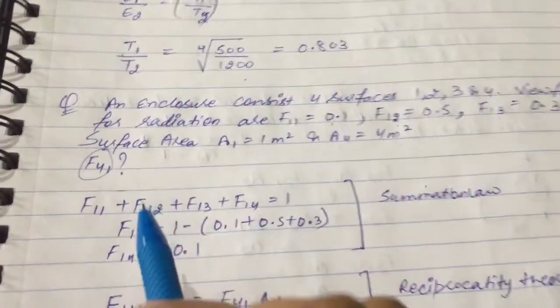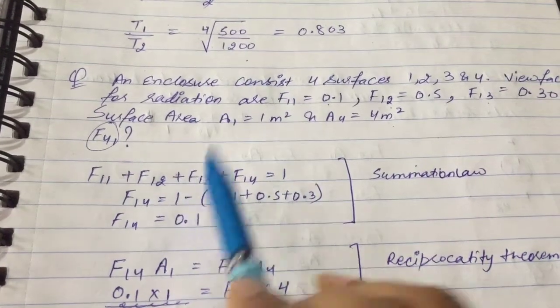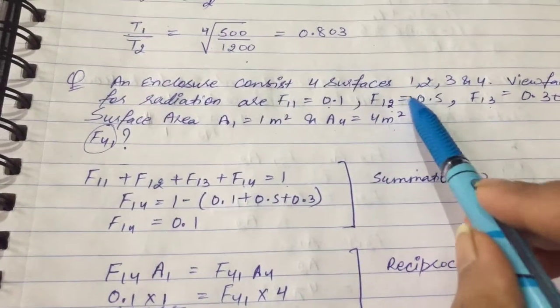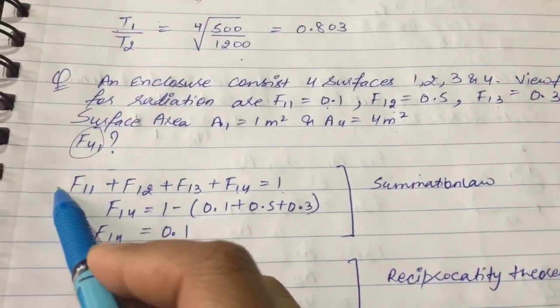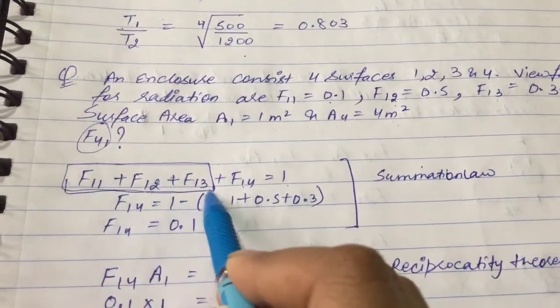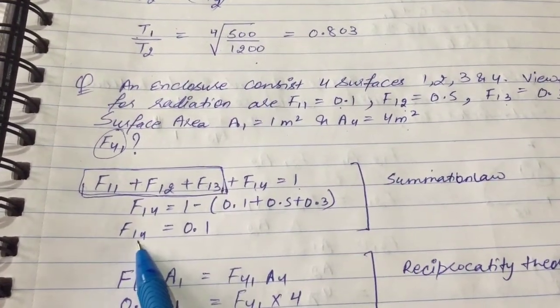So from the summation law, F11 plus F12 plus F13 plus F14 is equal to 1, and in the question we are given F11, F12 and F13. So from here we can calculate our F14.